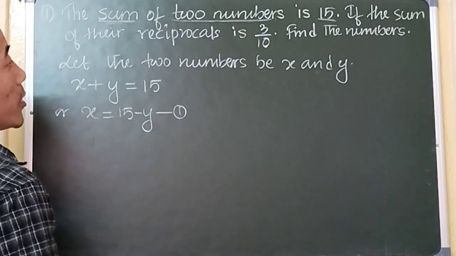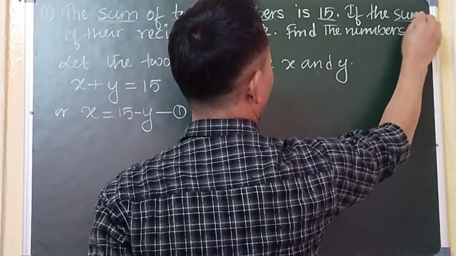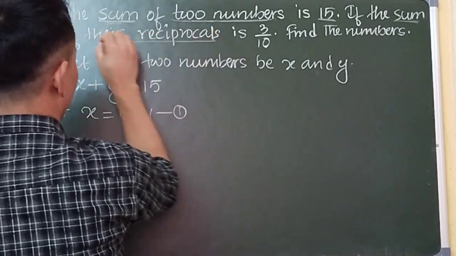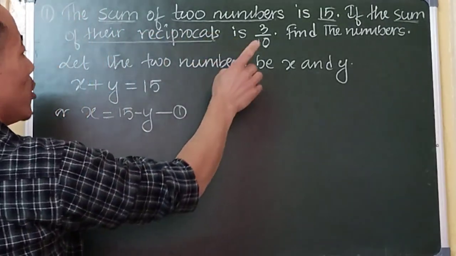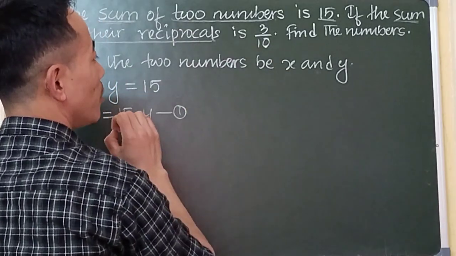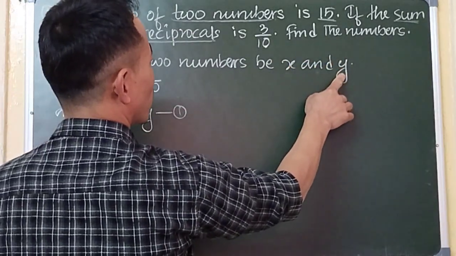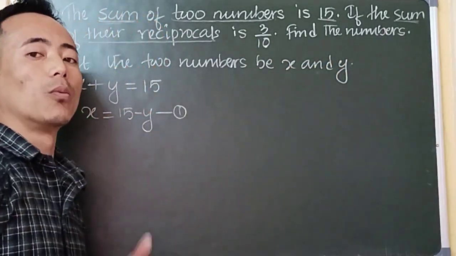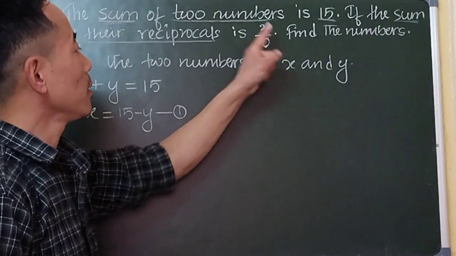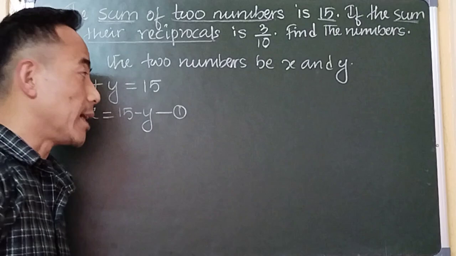Now the second condition says that if the sum, again we have to add, but we have to add their reciprocals. So if the numbers initially we have taken are x and y, then the reciprocal of x will become 1 by x and the reciprocal of y will become 1 by y. So if you add the reciprocals of these numbers, then the sum will be 3 divided by 10.